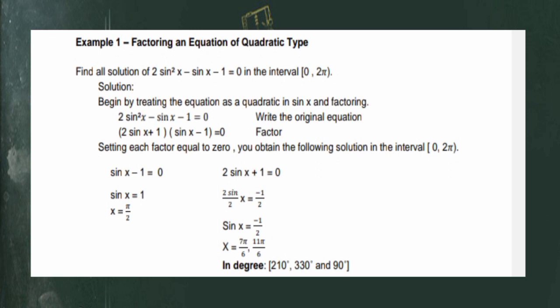Sine x equals 1, then x equals pi over 2. 2 sine x equals negative 1, so sine x equals negative 1/2. So x equals 7 pi over 6, then 11 pi over 6.